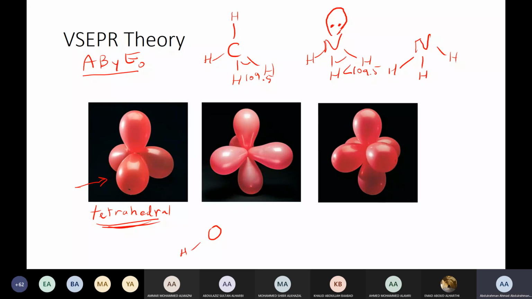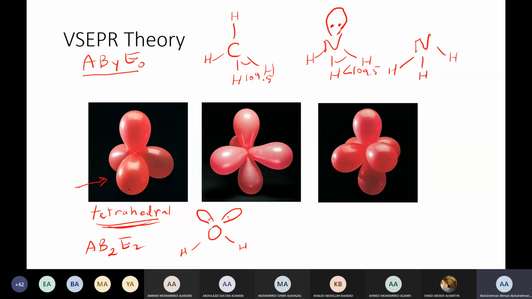Now, let's talk about water. O, H, H, and two electron pairs here and here. This is AB2E2. What's the electron domain shape? Tetrahedral. Also tetrahedral, similar to this one.